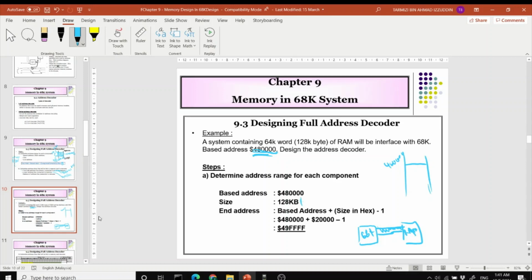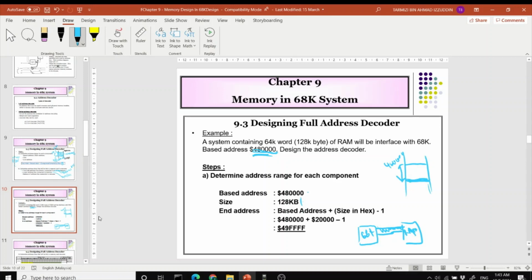Based on the starting address and the size of the memory, you can calculate the end address of the address memory. So how are you going to calculate that? Very simple, as mentioned in the previous step: the base address plus the size of the memory, minus 1.